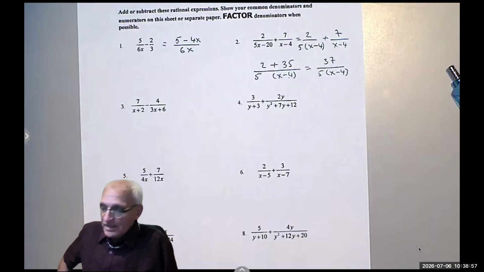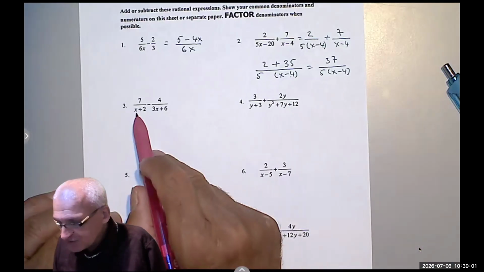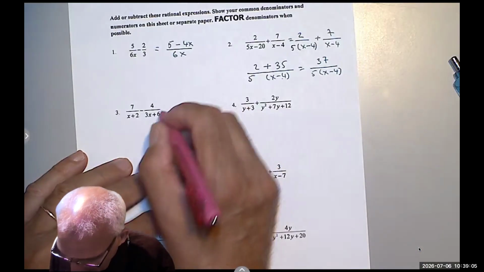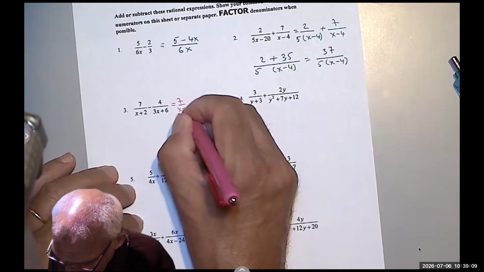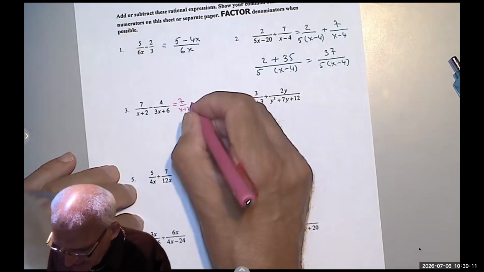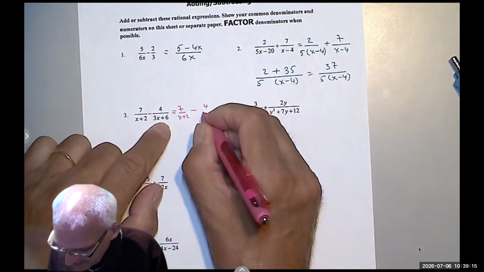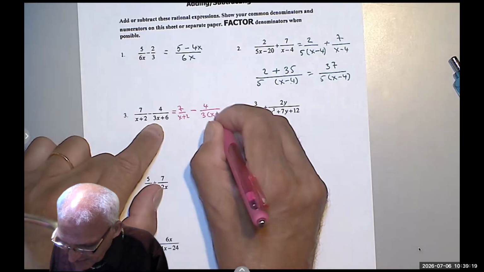Okay, let's move to the next one. I have x plus 2 and 3 times x plus 6. Of course, 7 over x plus 2 stays the same, minus 4, but the 3x plus 6 can be factored into 3 times x plus 2.